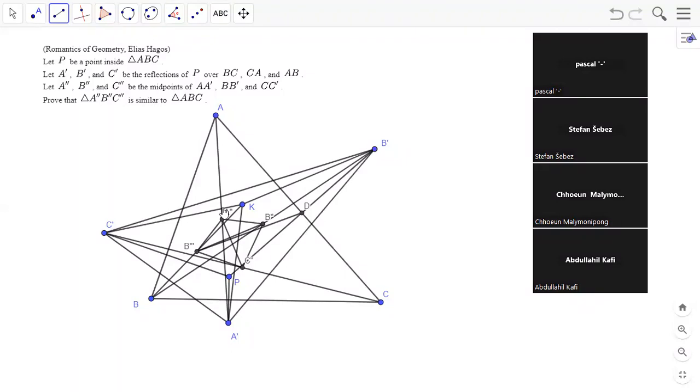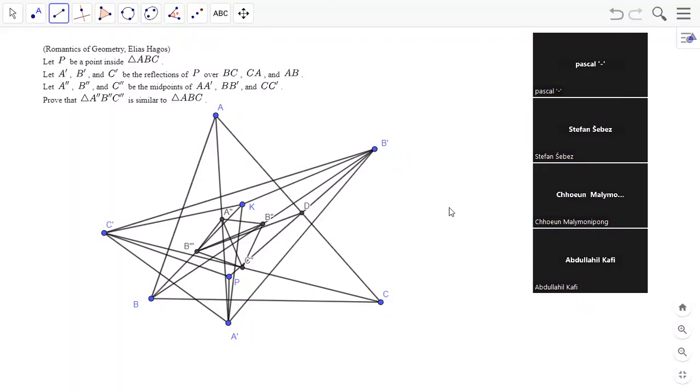And also B prime K is twice B double prime, B triple prime. In fact, is K the... no, I was wondering if K is the circumcenter of that, but it's not.